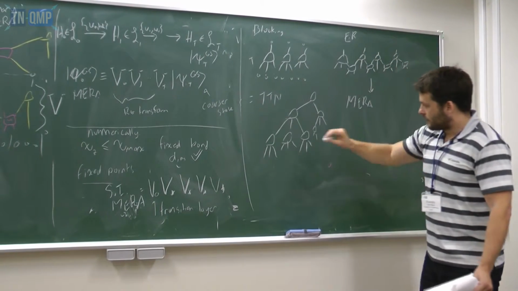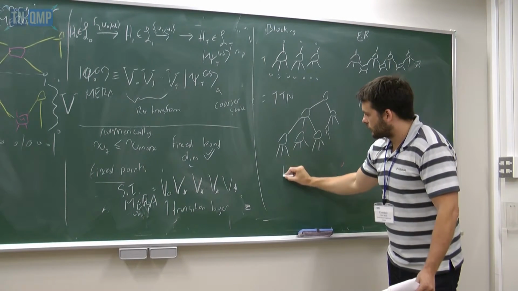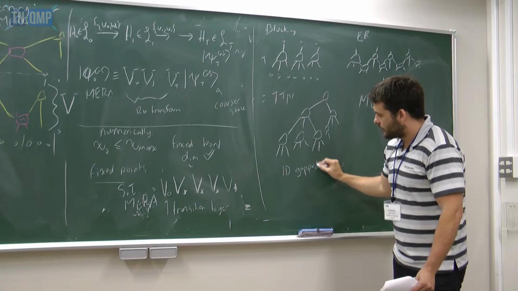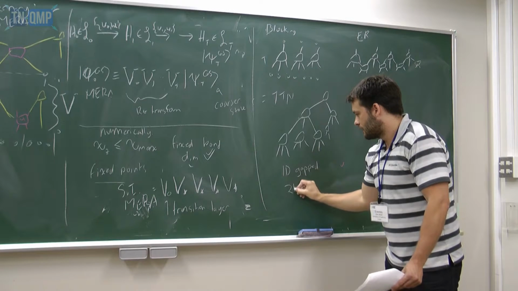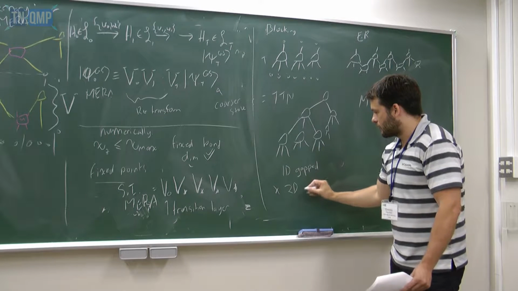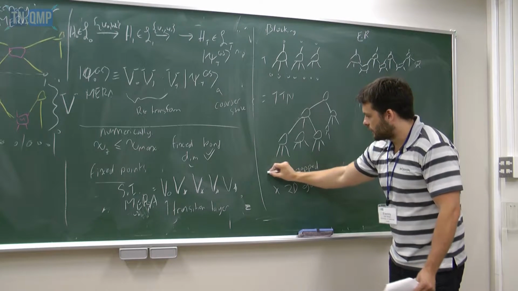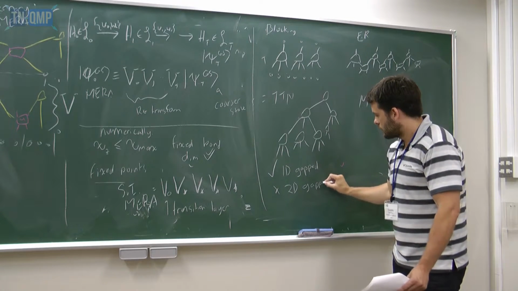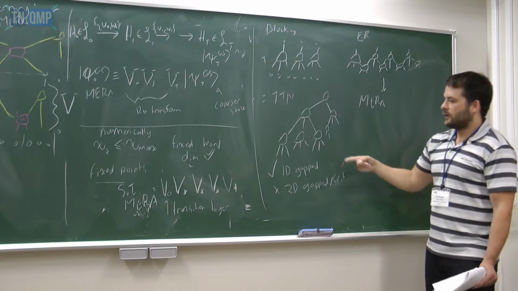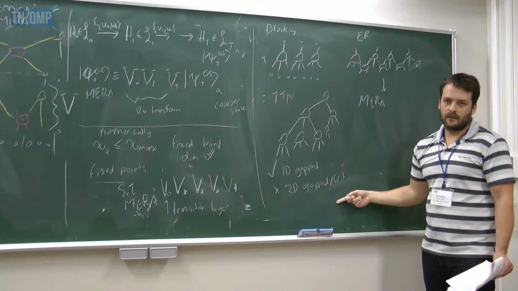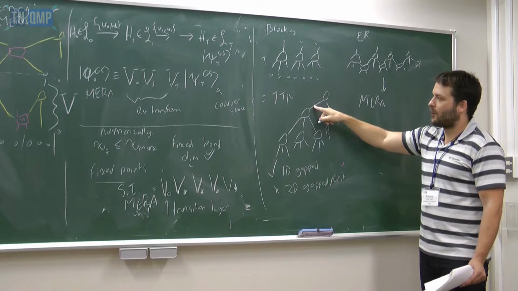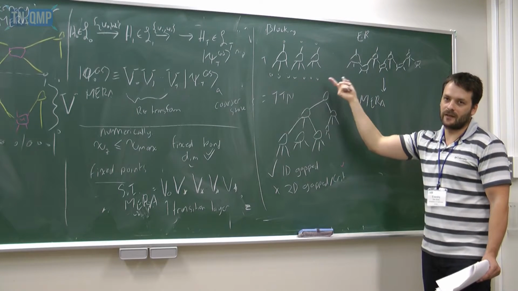So this tree tensor network is good numerically for 1D gapped, 2D not so much. For 2D gapped or critical, the bond dimension is going to be doubly exponential in the number of RG steps.